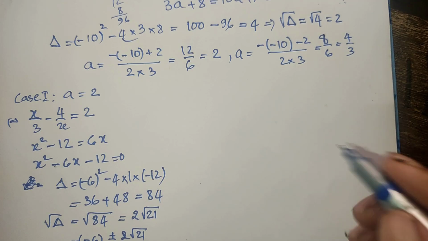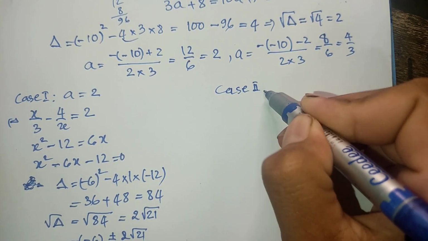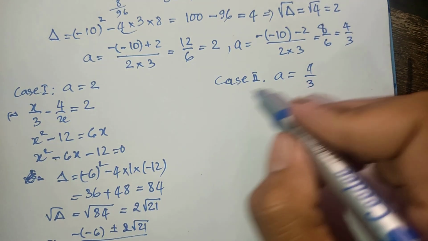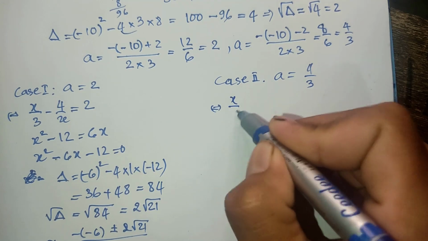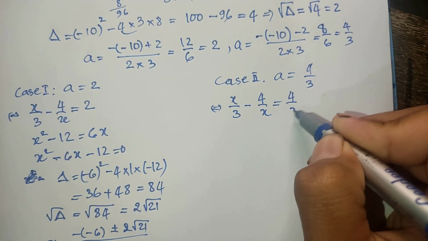Now case 2: a equals 4 divided by 3. So x divided by 3 minus 4 divided by x equals 4 divided by 3.